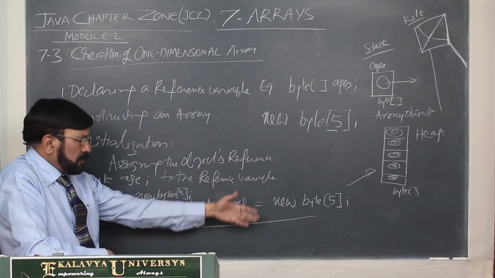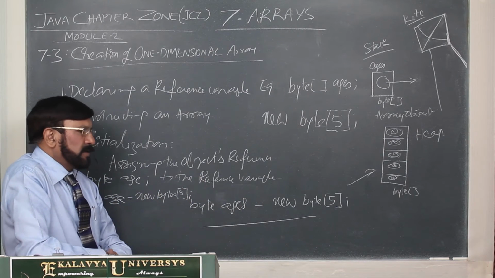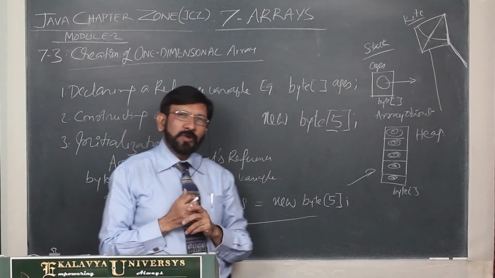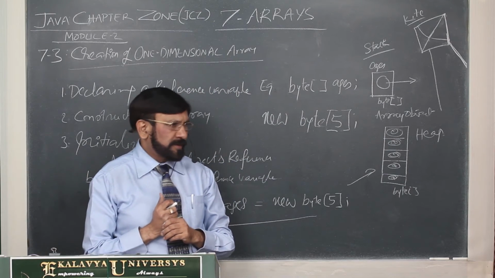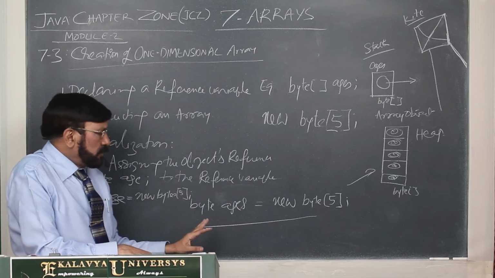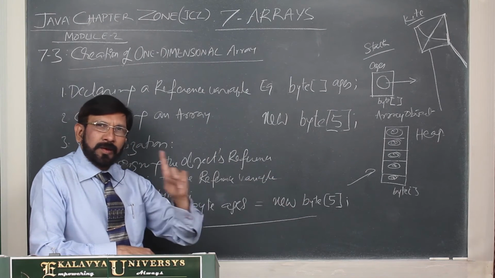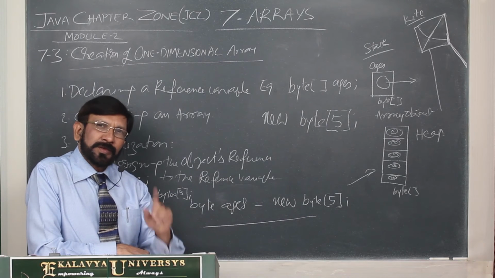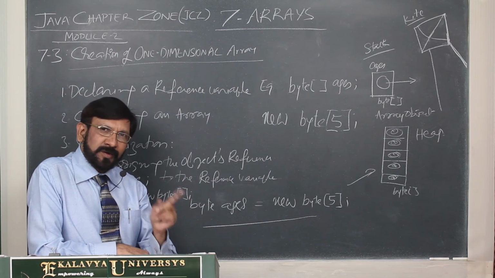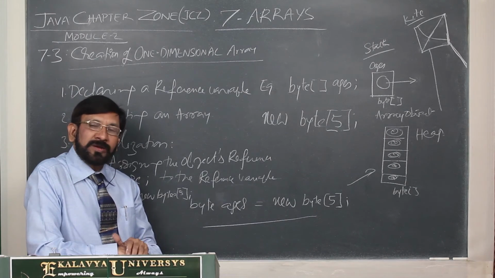Normally in our programs we declare it like this. Now one more thing you have to understand: without creating a real array, we should not access it. If you try to access it, then an exception is thrown, that is NullPointerException.